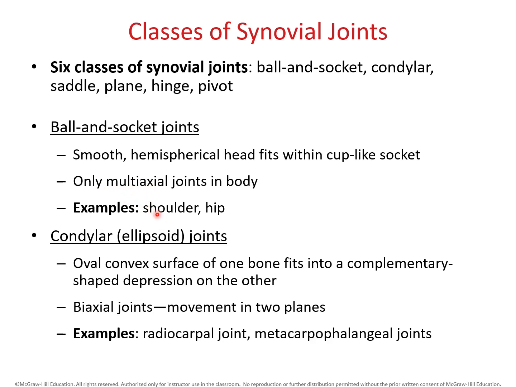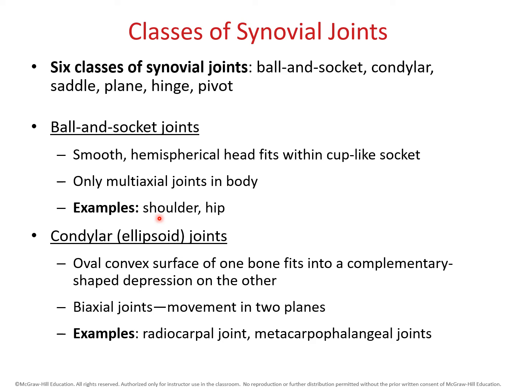Now, interestingly, the shoulder and hip have the greatest range of motion compared to any other type of joint. These are classified as multi-axial. Multi-axial means that these joints can move in several different directions, not just one direction or just 2 directions.